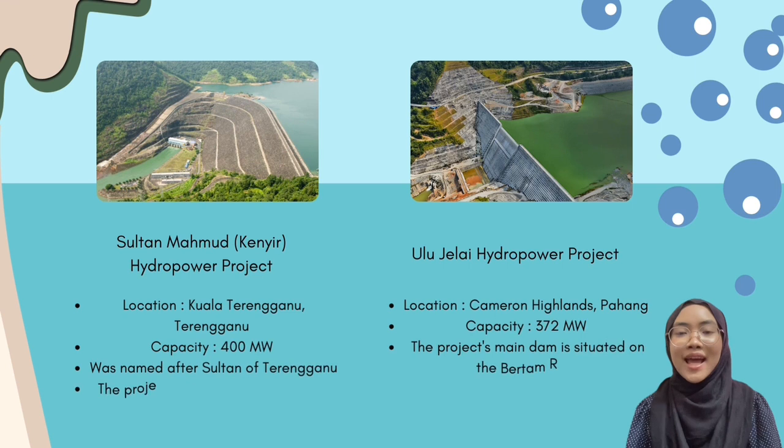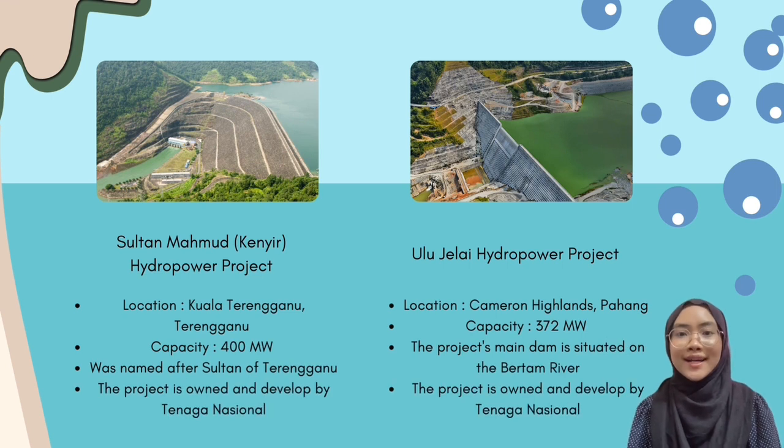In addition, there was the Sultan Mahmud Kenyir Hydropower Project. In honor of the Sultan of Terengganu, the Sultan Mahmud Hydroelectric Power Station was named. It was located in Kuala Terengganu, Terengganu, with its active capacity to hold 13.6 billion cubic meters of water.